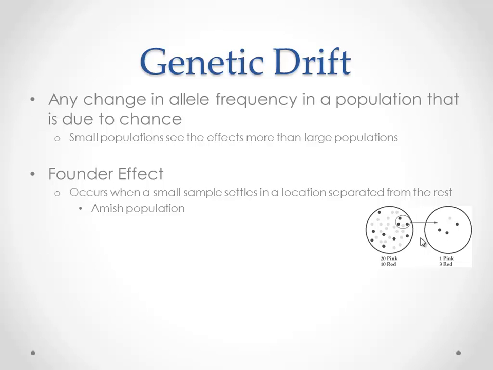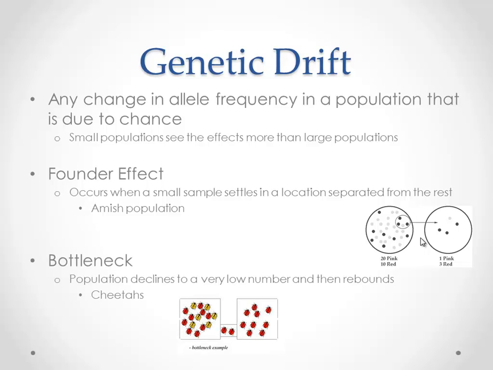The other way that genetic drift can happen is called the bottleneck. Bottleneck is where the population, for whatever reason, declines to almost extinction, and then mechanisms are put in place and it rebounds. We've seen this with African cheetahs.